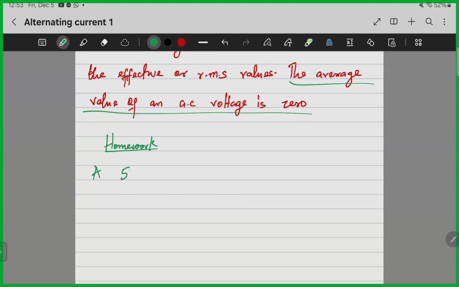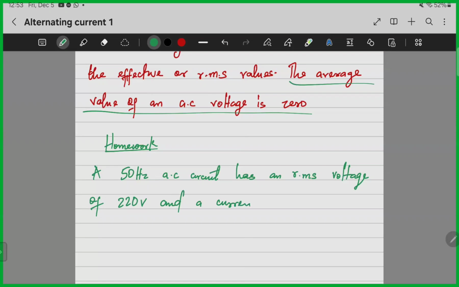A 50 hertz AC circuit has an RMS voltage of 220 volts and an RMS current of 5 ampere.